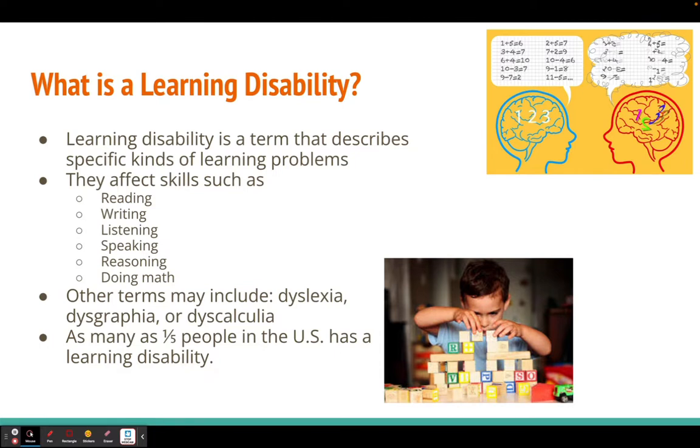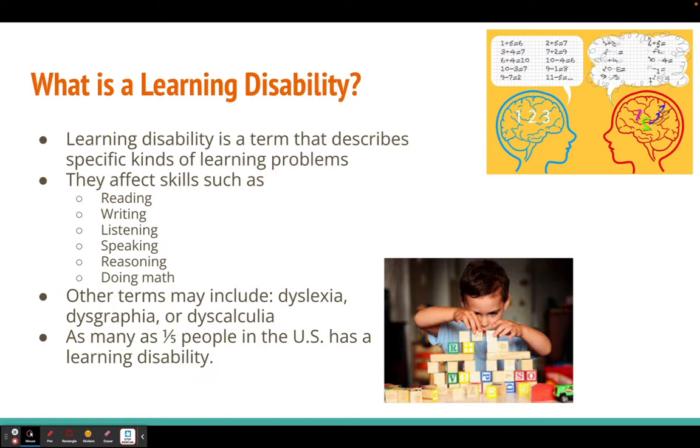Other terms may include dyslexia, which is problems with reading, dysgraphia, which has more to do with writing and handwriting, or dyscalculia, which is a harder time doing math problems, understanding symbols, or recognizing numbers.